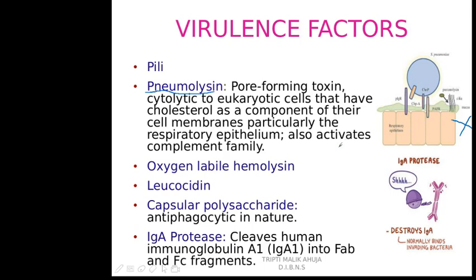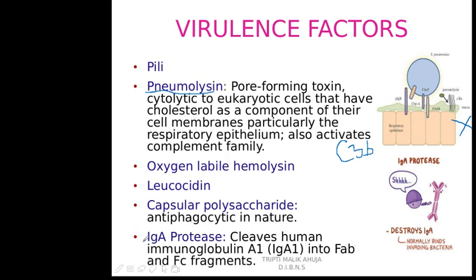It also activates the complement, particularly forming the C3b. It produces hemolysin, produces leukocidin. The capsular polysaccharide is antigenic as well as a virulence factor since it is antiphagocytic in nature.